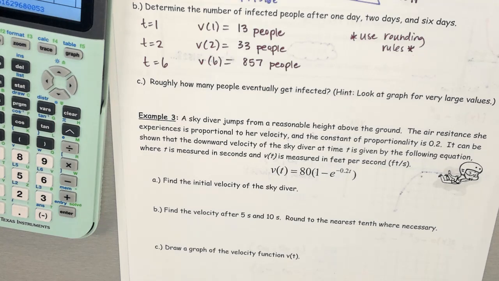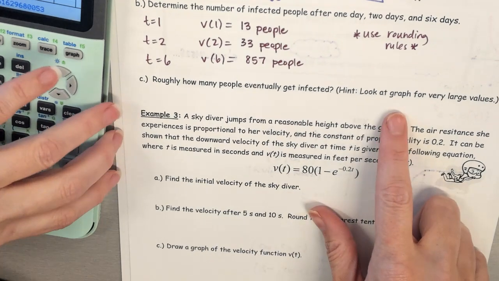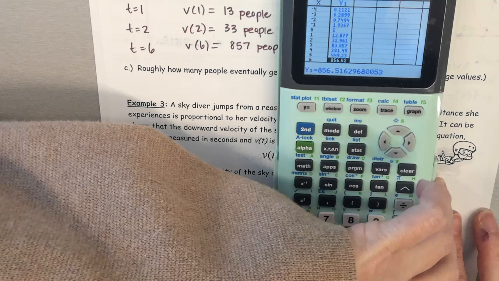So when you're rounding to the nearest person, that's okay. If you are using your normal rounding rules for that, that's perfectly fine. Now, I told you you could look at your graph for very large values.